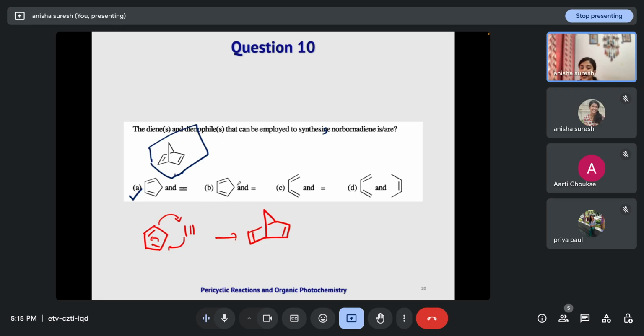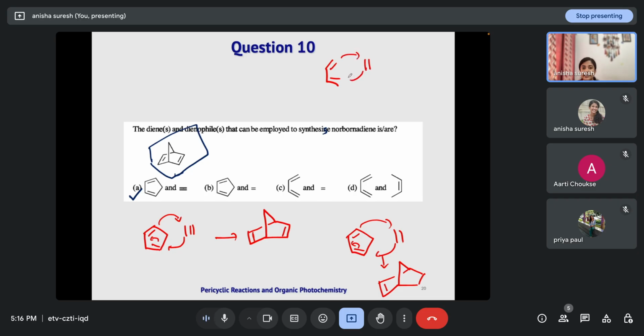When we consider the other cases, in this case, when a Diels-Alder reaction takes place, the product that will be formed is norbornene, not norbornadiene. So in case of B, we will be getting this as a product. And in the case of C, we have butadiene plus ethylene.